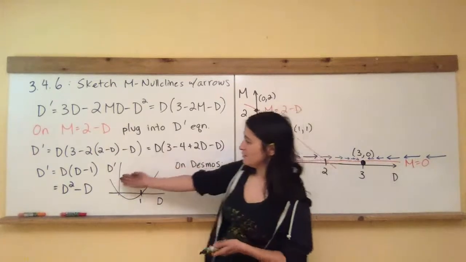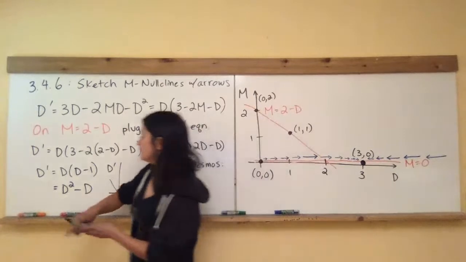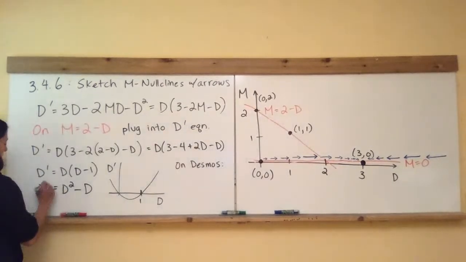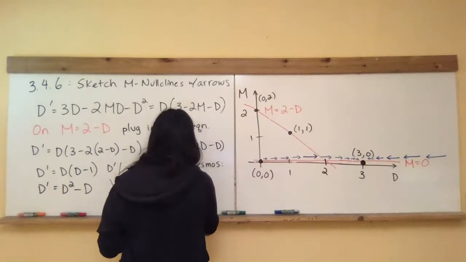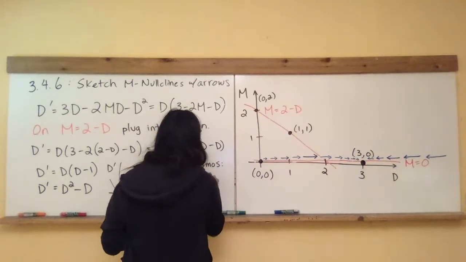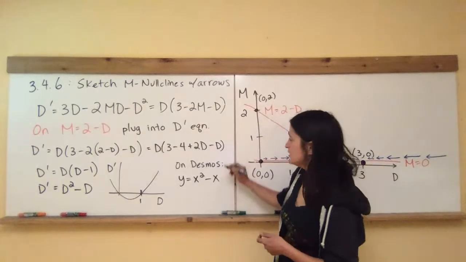And the dependent variable here is usually y. So you don't want to type d prime equals d squared minus d. You would want to type y is equal to x squared minus x. That's what you would type if you were going to use Desmos.